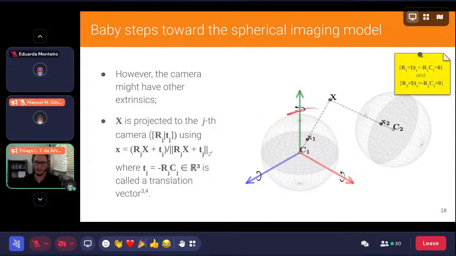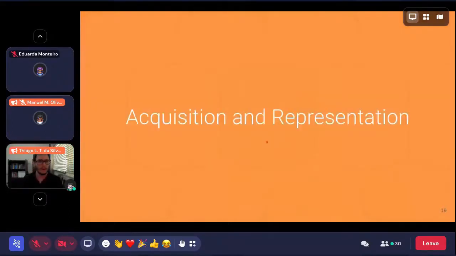And once we have this spherical image, we lost the explicit information of the 3D world, as in the pinhole case. So, understood what is a spherical image.